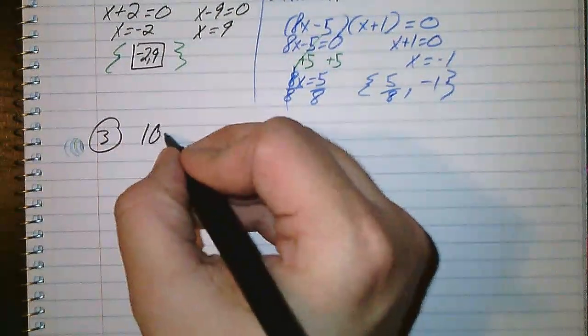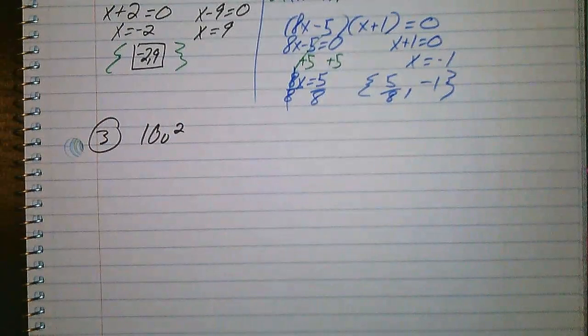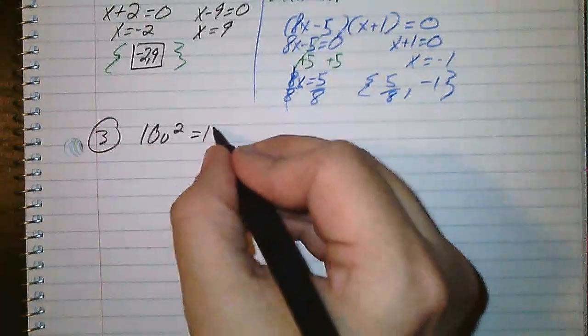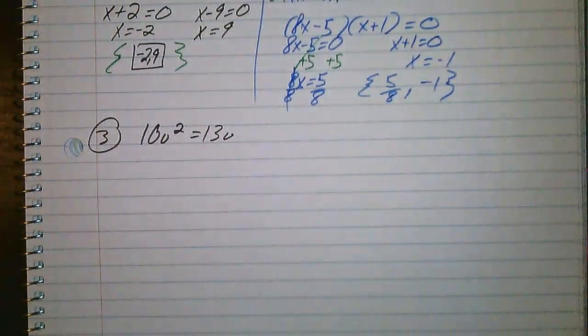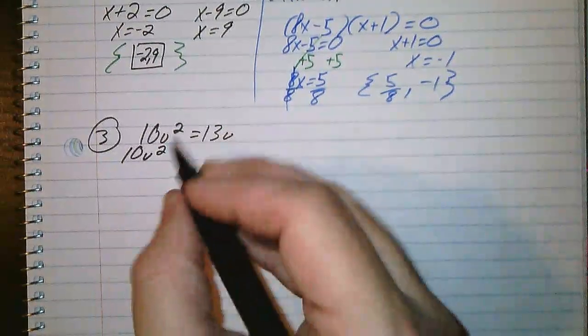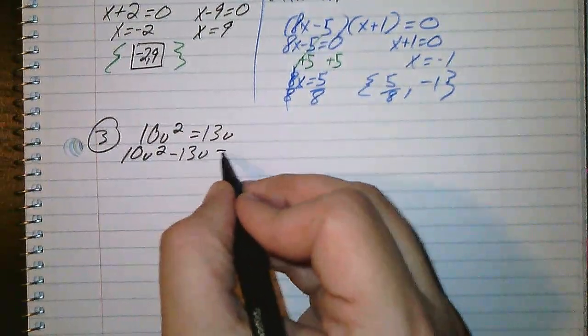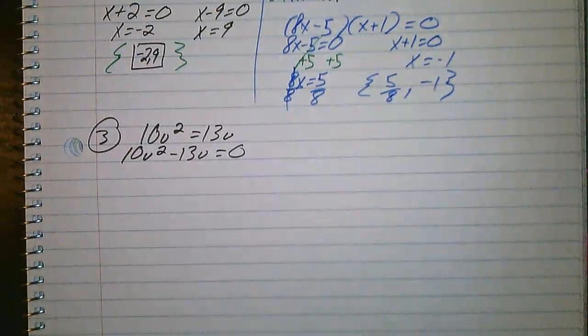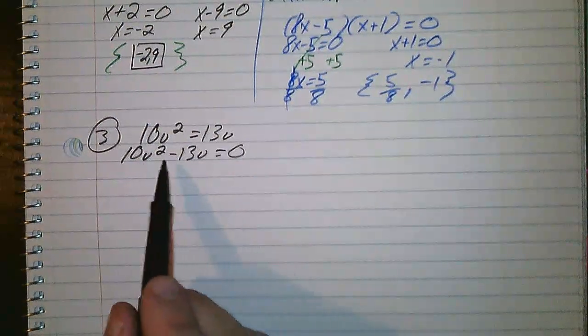Something like 10u squared equals 13u. If I subtract this 13u, we have everything on one side of the equal sign. And now, these are not like terms.